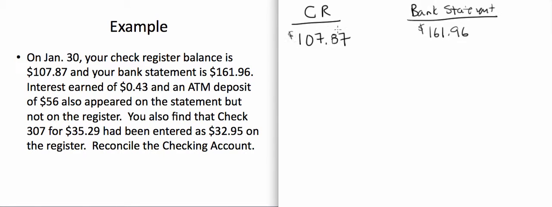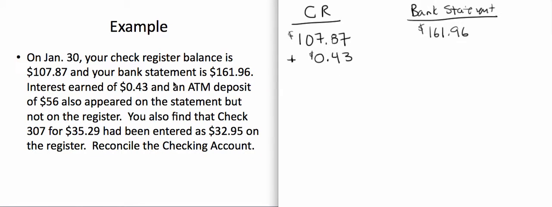Okay, so we have these two values. This is what you got in your check register. This is what you got with your bank statement. Now you start looking over your bank statement, and we see that we have that interest earned. So we're going to add in that 43 cents that we've talked about there. Okay, that was the same thing as section 3.4.